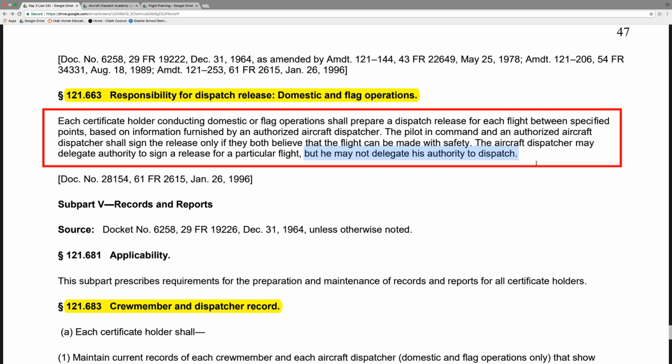Now, if you feel like a flight isn't safe and you don't sign a release, the only requirement is that you're able to explain why. You can't just be like, ooh, that flight looks hard, I just don't want to dispatch it because it looks like it'll be a pretty time-consuming flight for me to figure out.